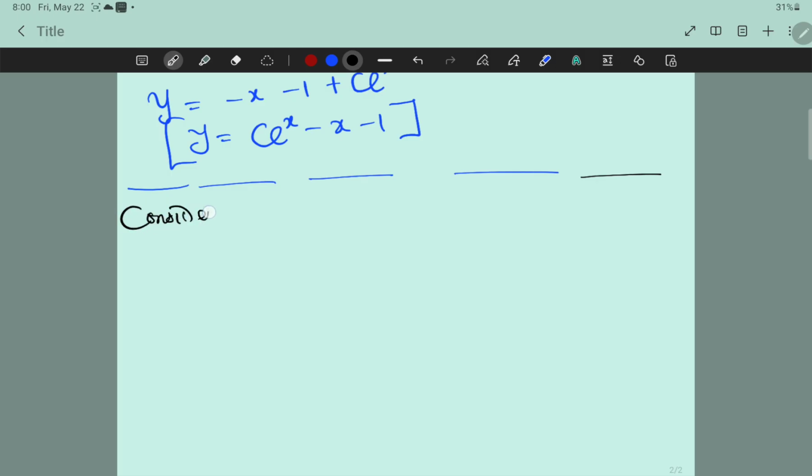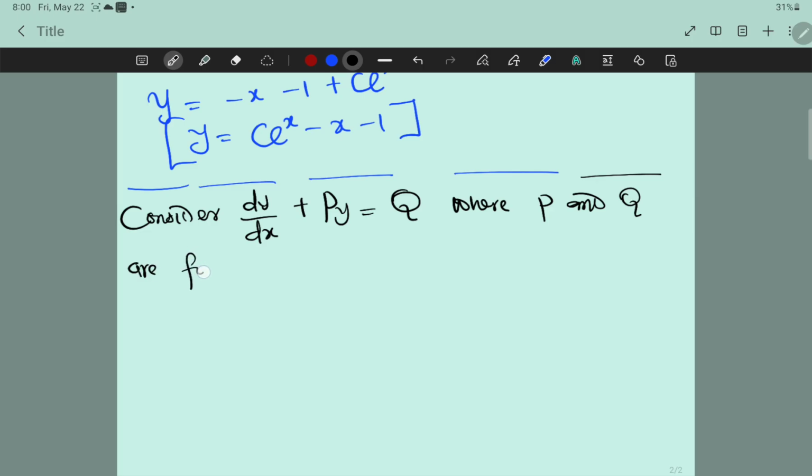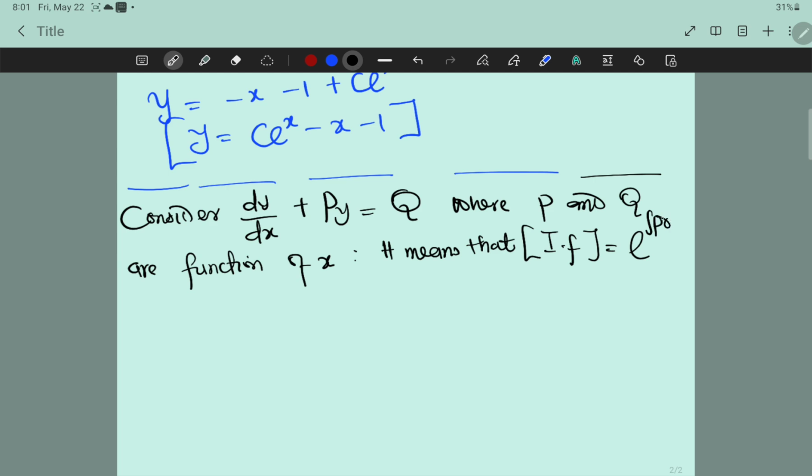Consider dy/dx + p(y) = q, where p and q are functions of x. The integrating factor, IF, is equal to e to the power of the integral of p dx.